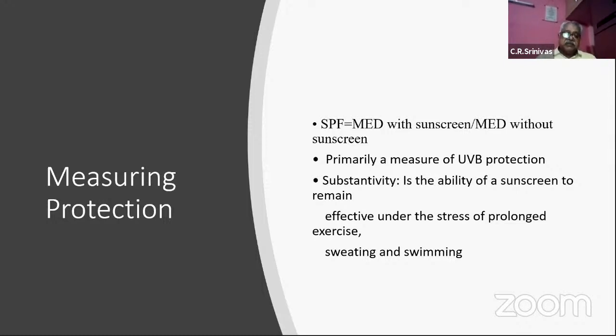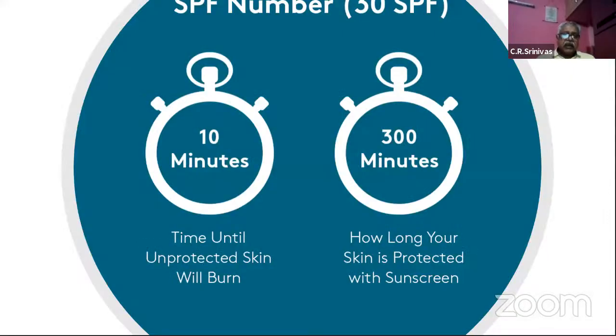Washproofing is substantivity. So SPF 30 means a person can be exposed for 10 minutes, but if he applies the sunscreen, he can be exposed for 300 minutes. But this is not true. It is like Hero Honda telling you that for 1 liter, under ideal conditions, it will go for 80 kilometers. This doesn't happen in practice.